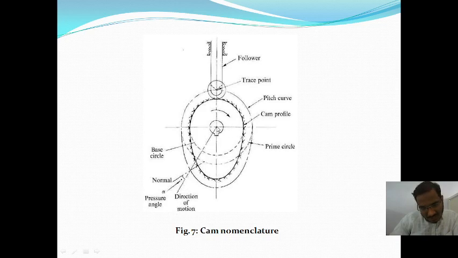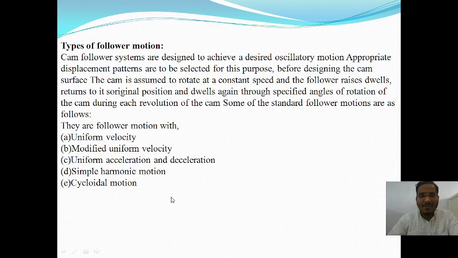This line is the direction of motion, and between the normal and the direction of motion the pressure angle alpha is there.